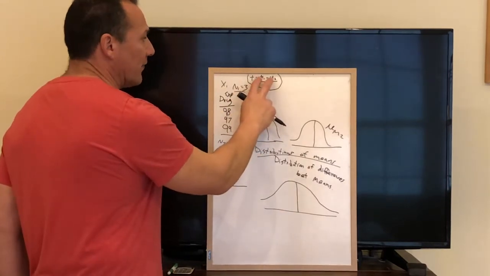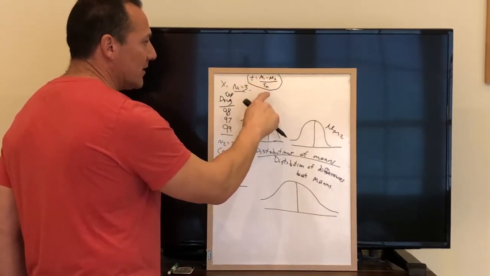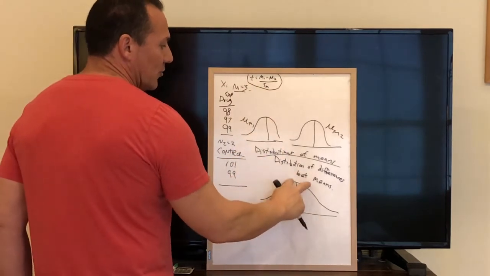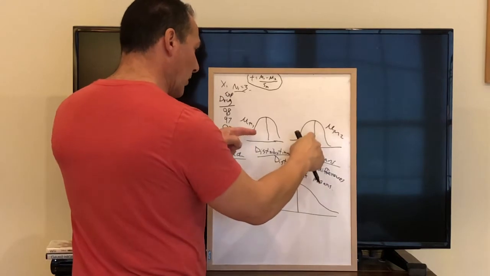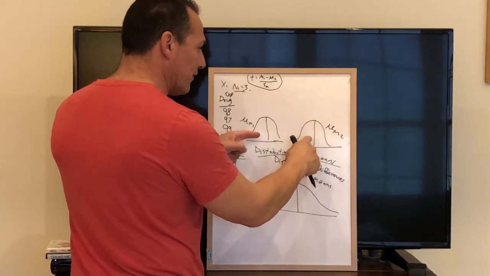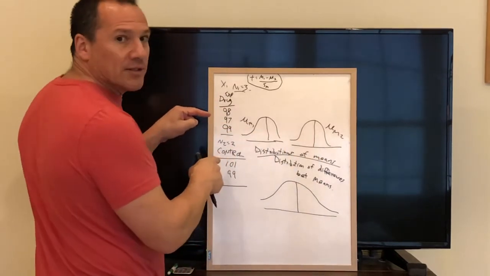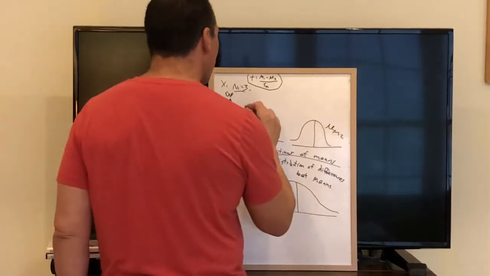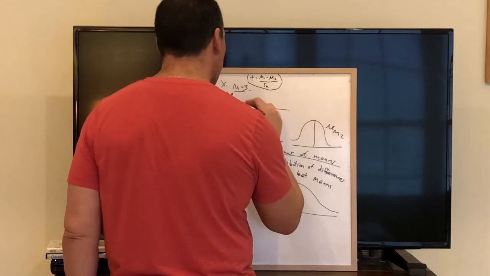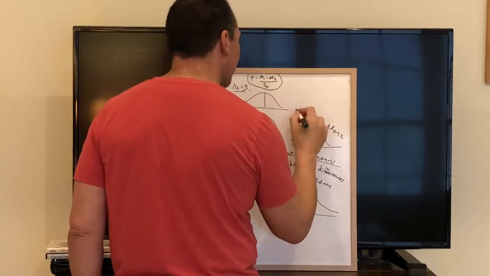So we ultimately are going to use a distribution of differences between means, right? Because we're looking at a difference between means in our t-test. That distribution is created partly from the distributions of means that correspond to the different samples, and each distribution of means relates to a population distribution.